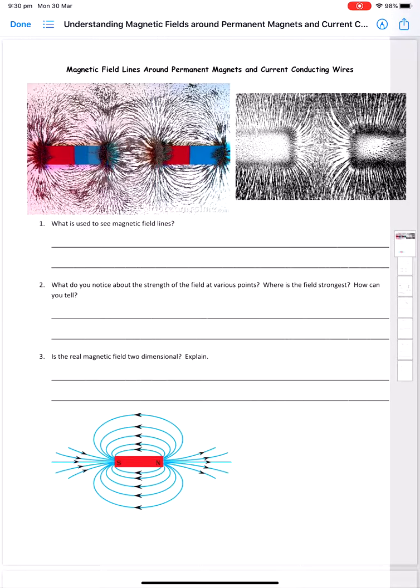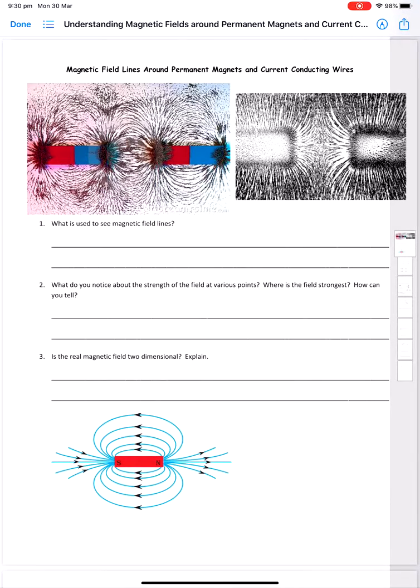If you can find yourself a periodic table, I want you to notice that iron, cobalt, and nickel are all in a row, side by side on the periodic table. These are the only three elements that have just naturally around them, or can be induced to have, a magnetic field. And so it's not just iron filings.